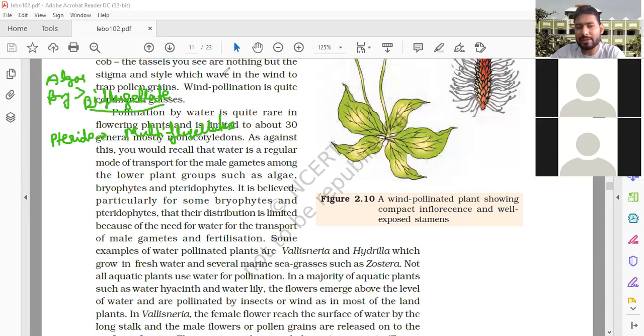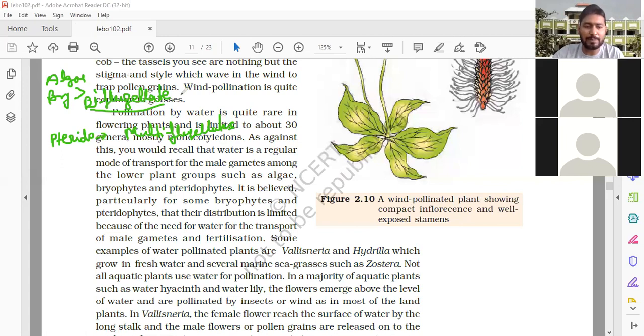NCERT does not describe this property, that algae and bryophytes have biflagellate male gametes. They have not given it, but it says, you would recall. You have learned it, but now you are going to recall, clear?